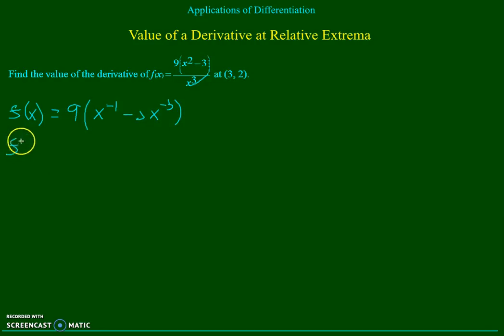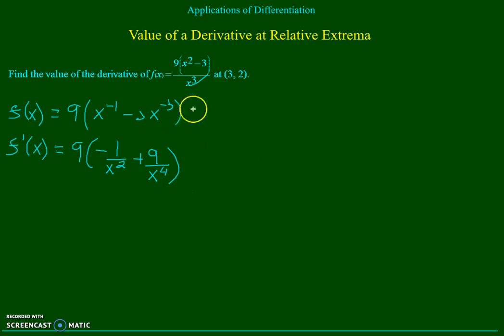So f prime of x equals 9 times -1 over x squared plus, because it's -3 times 3, 9 over x to the 4th.